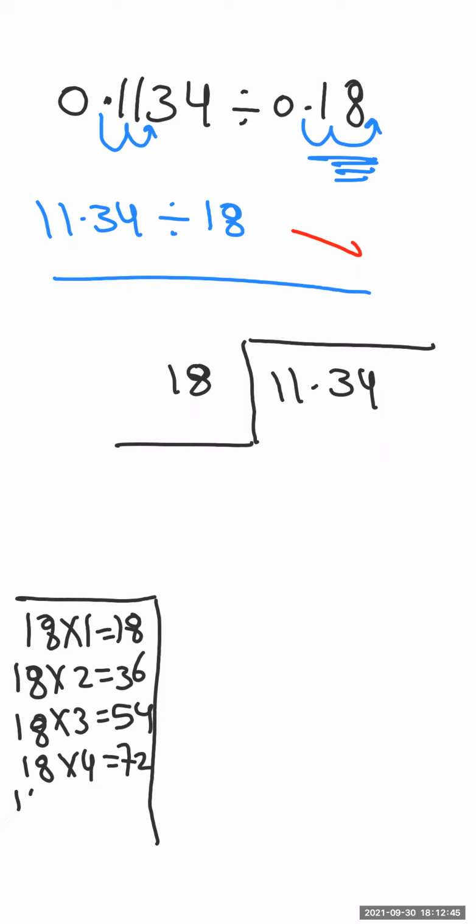Then the next one, 18 times 5. 5 times 8 equals 40, 0 and carry over 4. 5 times 1 equals 5 plus 4, 9. Then 18 times 6: 6 times 8 is 48. So write down 8 and carry over 4. 6 times 1 equals 6 plus 4 equals 10.